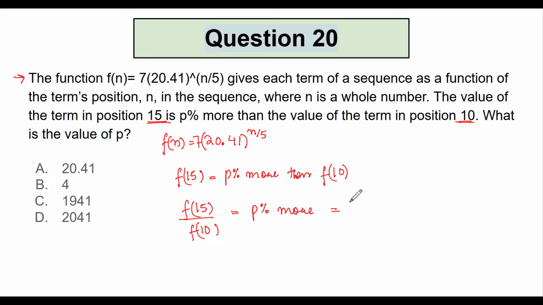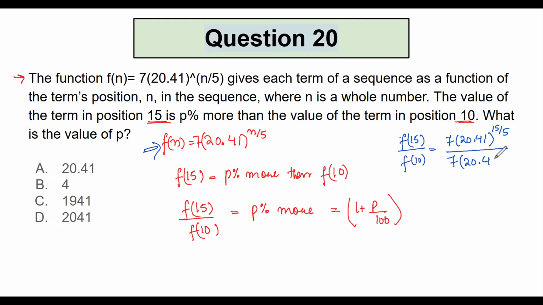Now p% more will look like 1 plus p over 100, okay? This is the p we need to find. Now let us simplify this. So f of 15 over f of 10 is equal to, in the main equation, I'll plug in 15 and 10 respectively. 7 times 20.41 whole power 15 over 5, whole thing divided by 7 times 20.41 whole power 10 over 5, right?